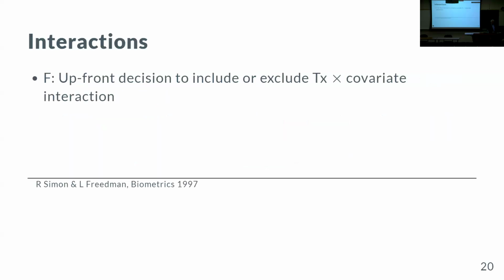What about interactions? Well, we have to make these painful decisions. Do we include a treatment by covariate interaction in our main model or do we not? And Bayes says your struggle is coming from dichotomous thinking. We don't know enough to make a firm decision about an interaction being there or not.